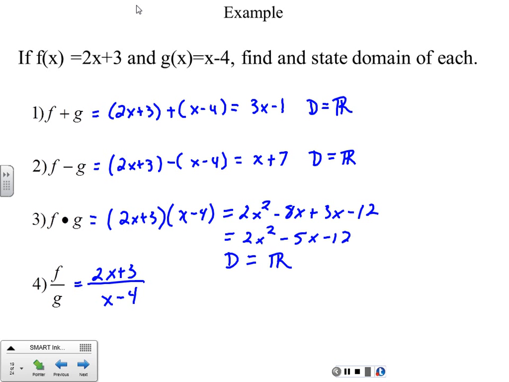So let's think for just a second. 2x plus 3 is a group, and x minus 4 is a group. What is the only way that you can cancel groups? If there's another group exactly like it somewhere else. And there's not. Some people want to say, oh, well, I can reduce the 2 and the 4 to get 1/2, and I can reduce the x's and get rid of those, and then I'll have 4 over negative 2, which is negative 2.